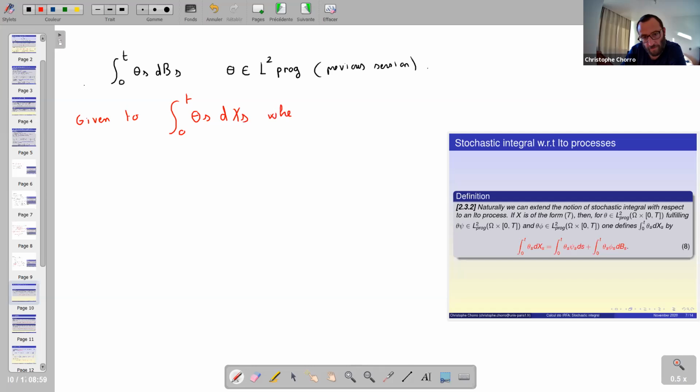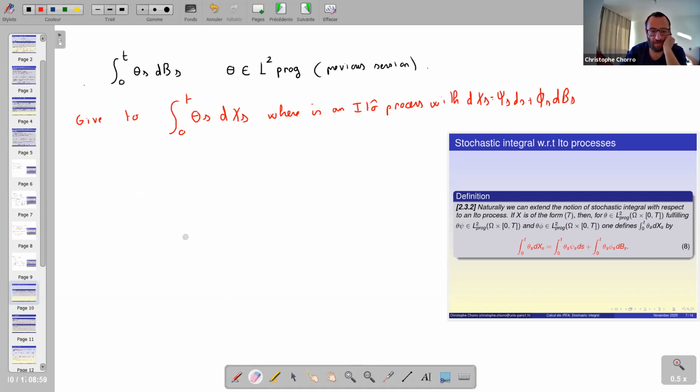So where X is an Ito process with d of X_s equal to psi of s ds plus phi of s dB_s.